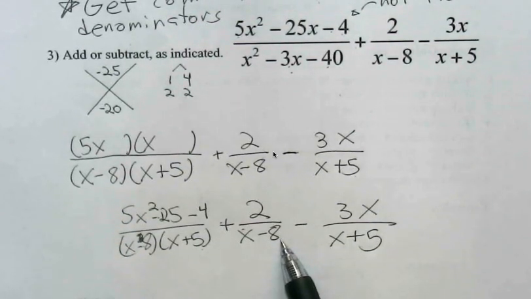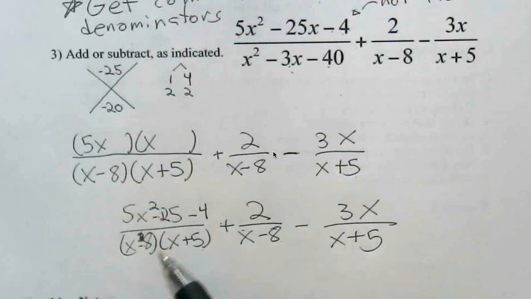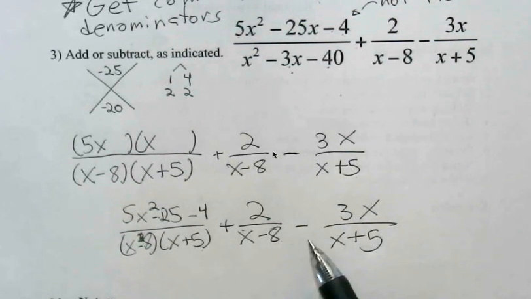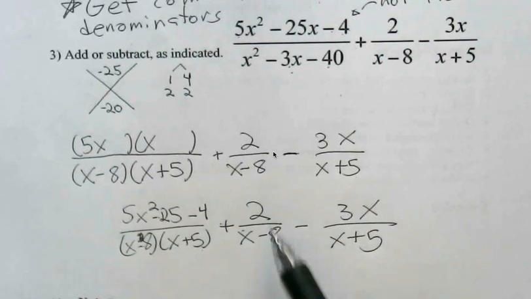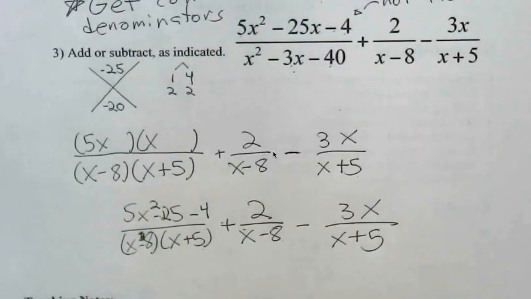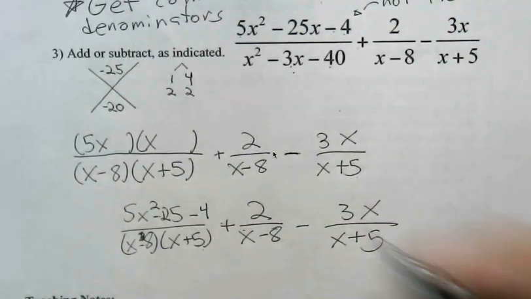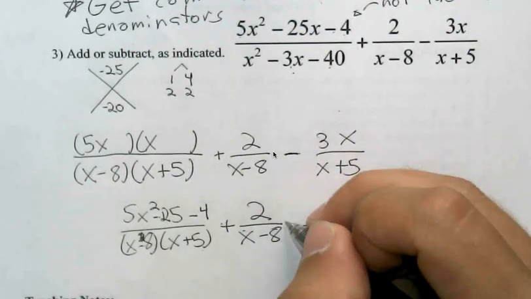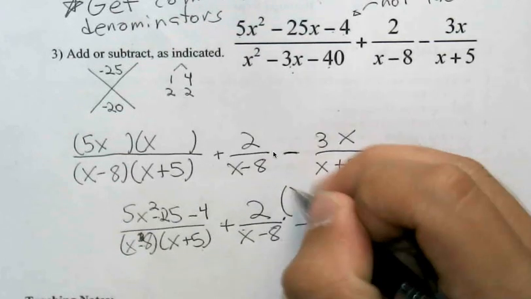So to get the common denominator of x minus 8, x plus 5, what would we have to multiply this by? Or what would have to be thrown into the mix for this fraction to have the same denominator as this fraction? Hopefully you're saying that this needs to be multiplied with x plus 5. So we multiply the top and the bottom with x plus 5.